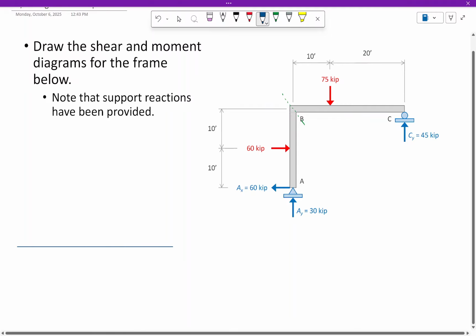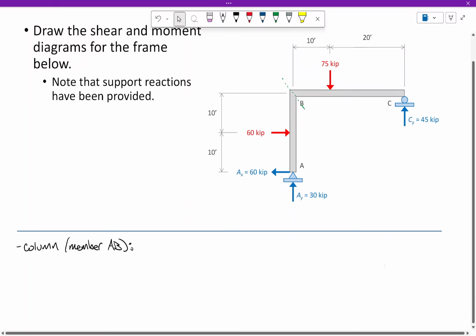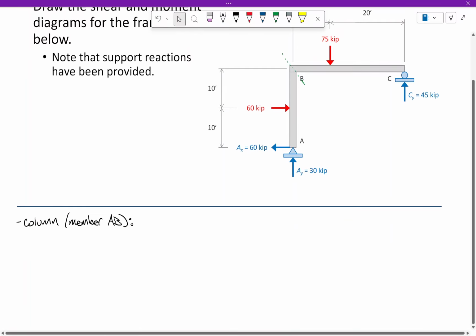We're going to start with the column first, so we'll call this member AB. What does member AB look like?